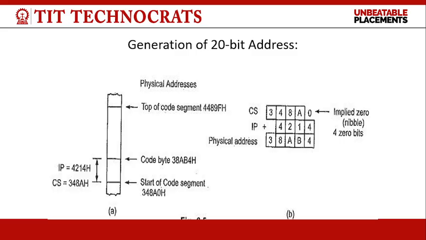Now the offset is to be added, which is stored in the instruction pointer register, the IP register. Suppose the offset is 4214. This is added to the base address, and after the addition of these two, the 20-bit physical address is generated. This is 38AB4 hexa.